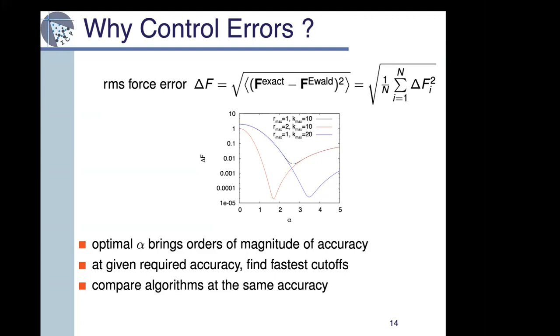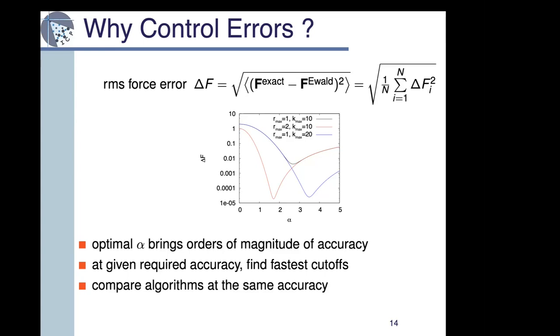And depending on these values, I will get curves which show me the error as a function now of my fudge parameter alpha, the width of my Gaussian. And depending on how big this Gaussian is or how I choose it, I have either an increase in real space error or an increase in Fourier space error. And now these terms go down exponentially, and you see there's a clear minimum here.